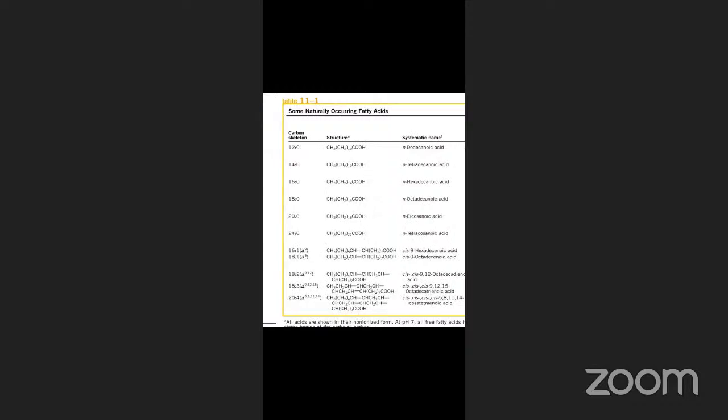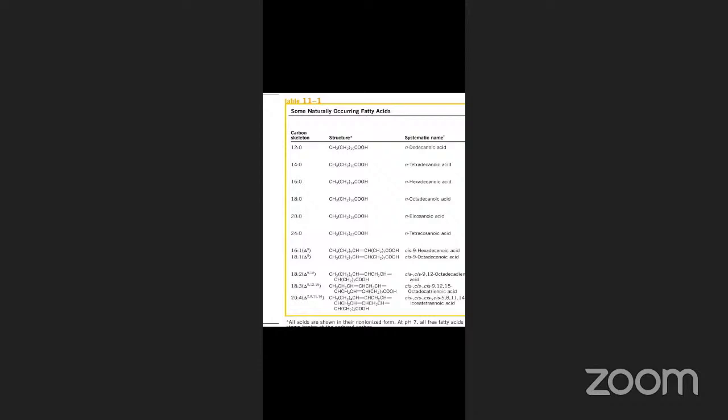So this is how we represent it. This carbon skeleton 12:0 means no double bonds. So 12 carbons, no double bond. This is the structure. Its name is dodecanoic acid. Deca means 10, dodecanoic, 10 plus 2, 12 carbons.